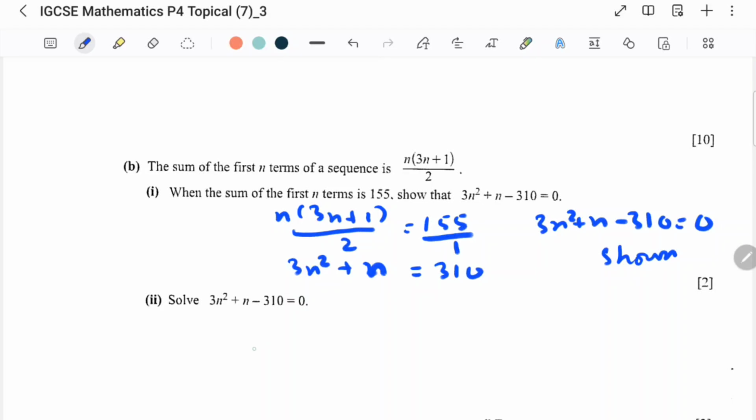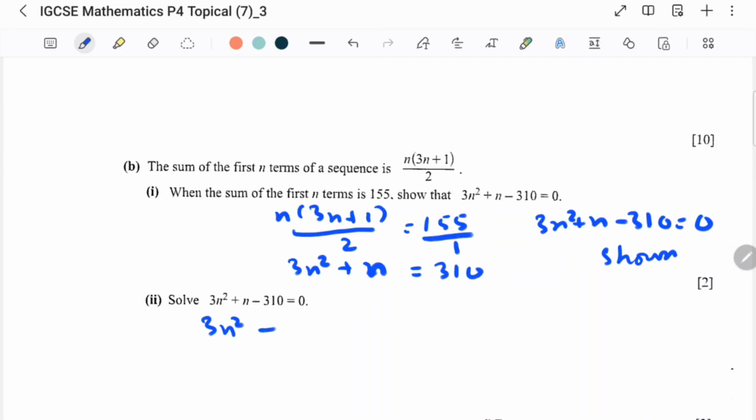So what do you do? 310 into 3, you just multiply and get the number, that is 930. Okay, so 3n square, that is 930, and you know that 31 and 30, the difference is one number.